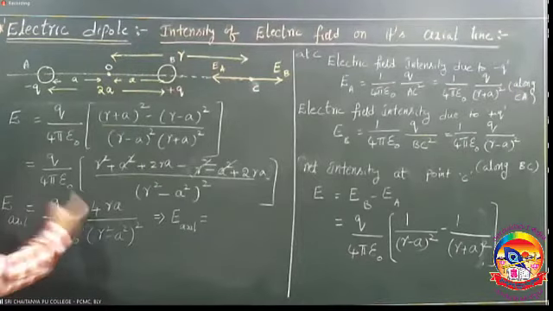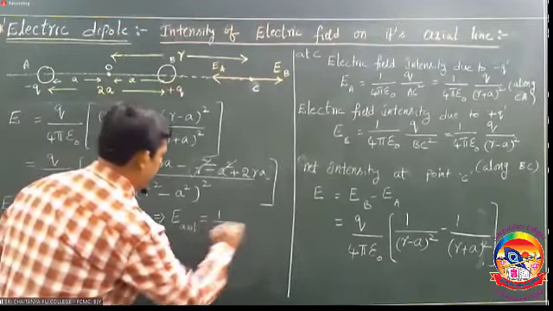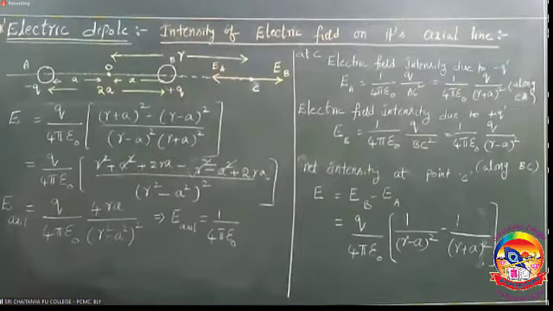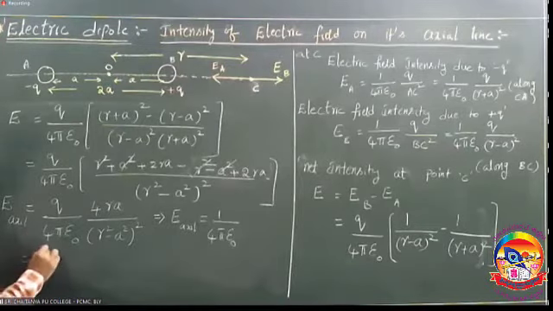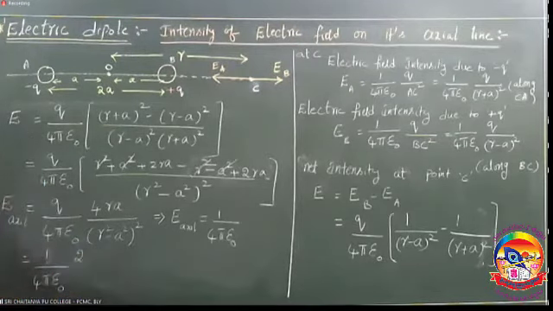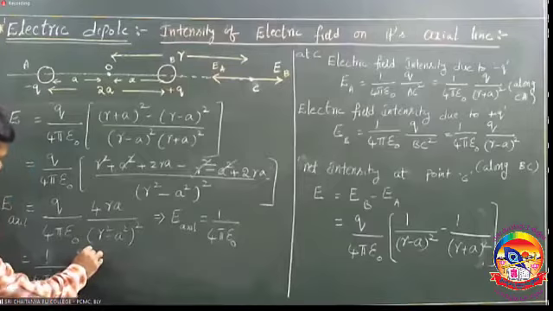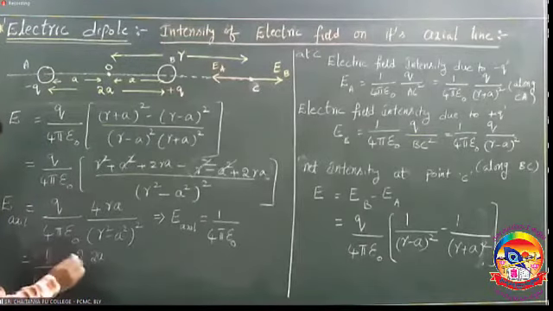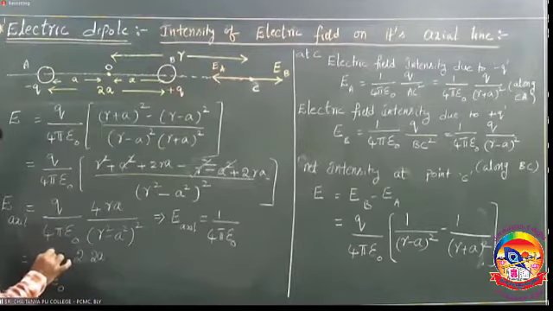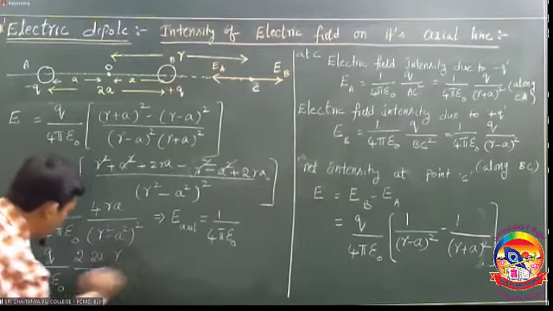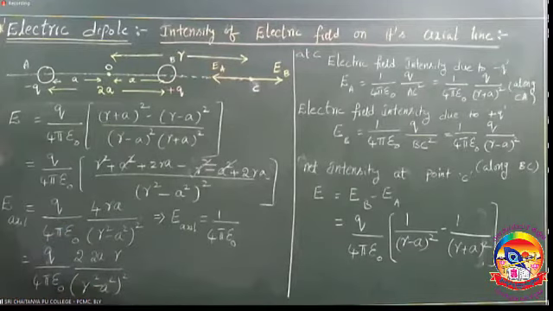A little bit, I can write this one as 1 by 4 pi epsilon naught, Q, 2 into 2A into R by R square minus A square whole square.